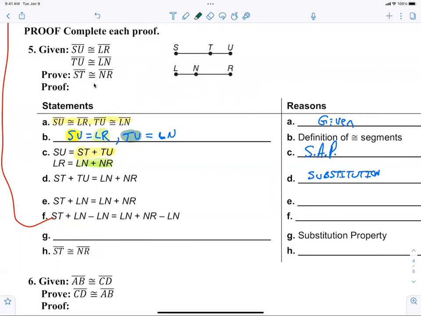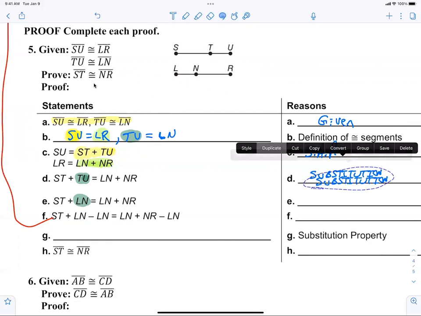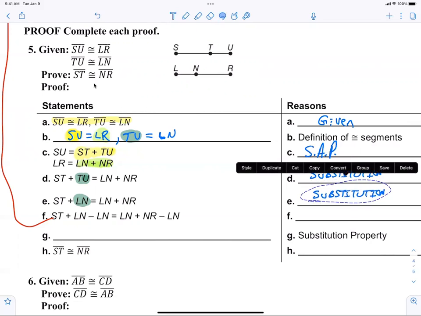Oh, okay, I see. Good job. See, this TU is that TU, correct? And I'm replacing that TU with LN. Is there anything different? There's nothing different. You have to hunt for that. Does everybody agree? So that's a substitution. Hold on, and at any time, speak up. Go, tell me.